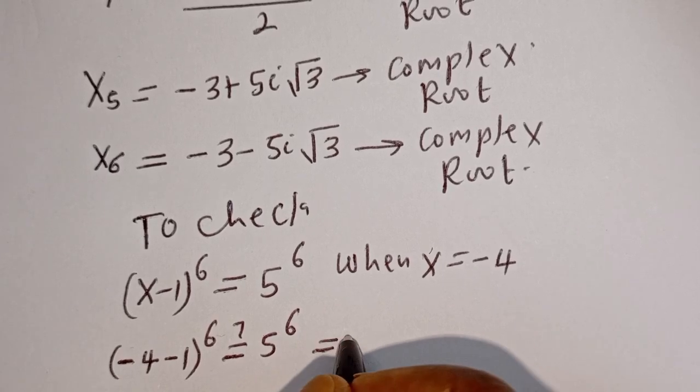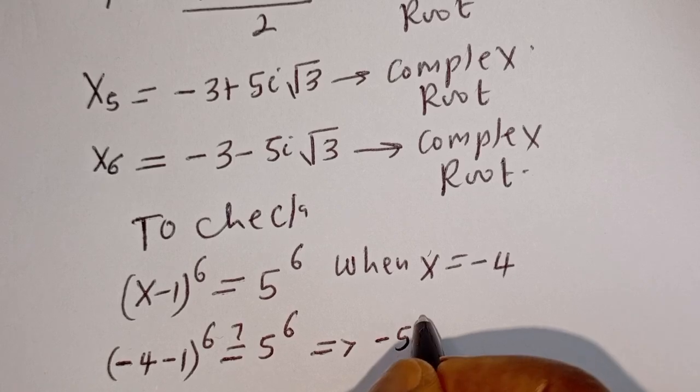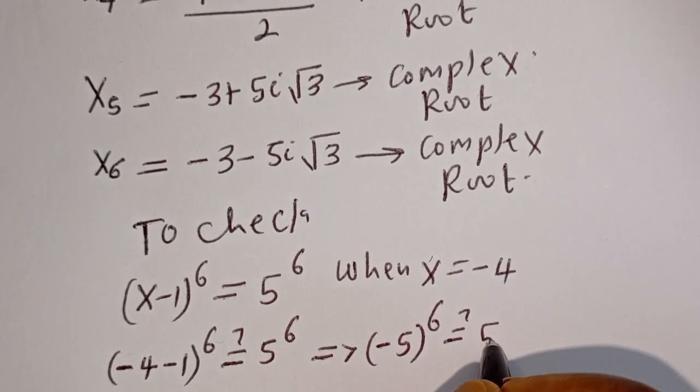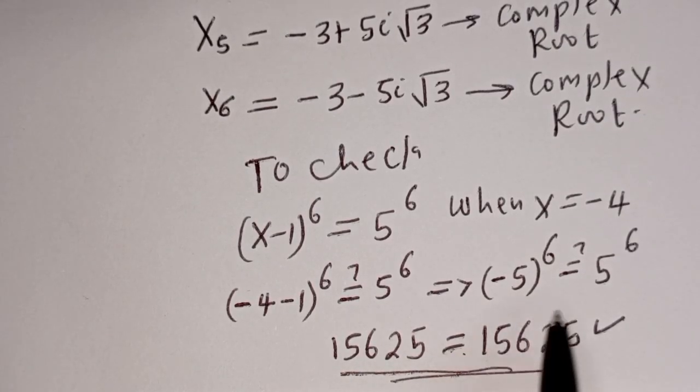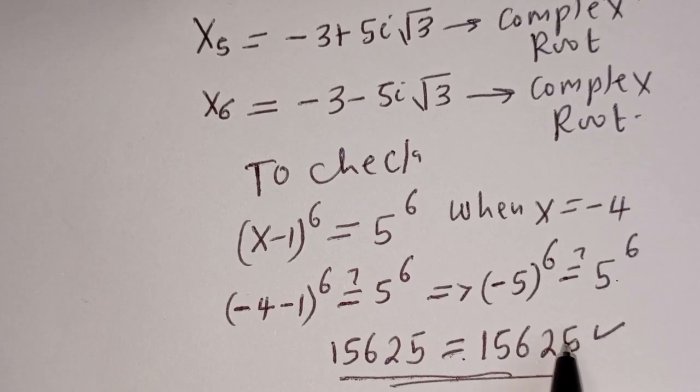Then this is minus 4 minus 1, that is minus 5 to the power of 6 must be equal to 5 to the power of 6. And minus 5 to the power of 6 is equal to 15625, which is equal to 5 to the power of 6, 15625, which is true at x is equal to minus 4.